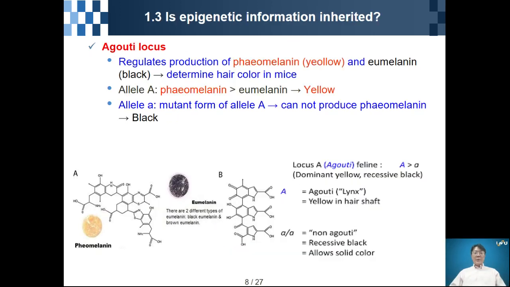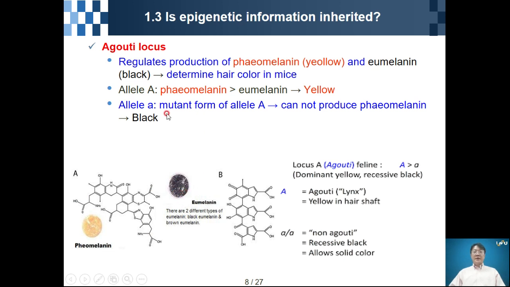In this slide, I will explain the third subject: is epigenetic information inherited? What is your answer? Yes. So I will show you some examples. A very famous example is a specific gene, the Agouti locus. This gene regulates the production of pheomelanin, which usually makes a yellow color, and it also regulates eumelanin, whose color is black.